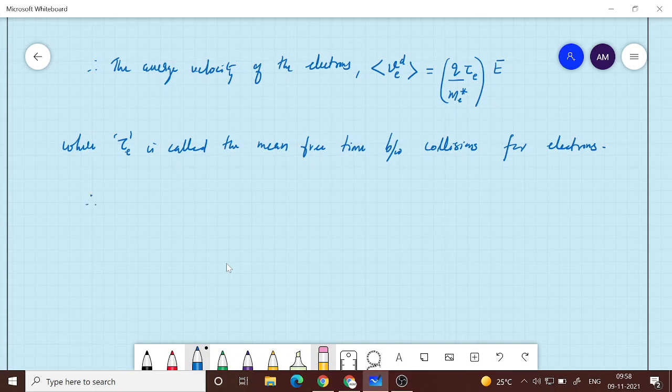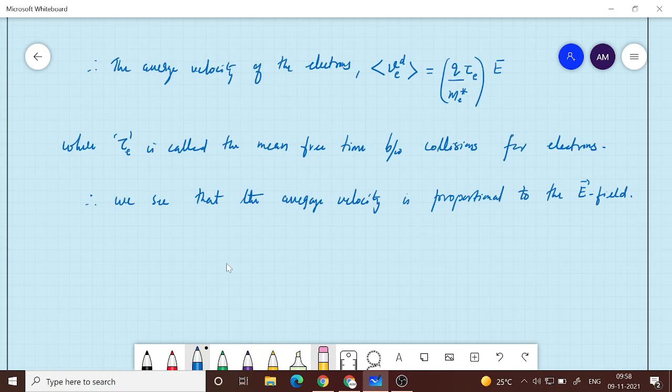Therefore we see that the average velocity is proportional to the E field.